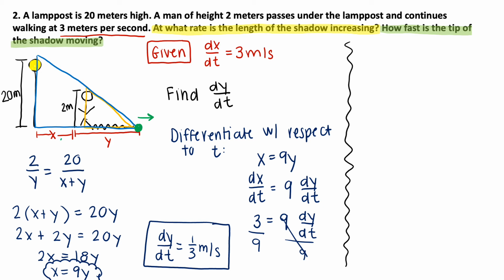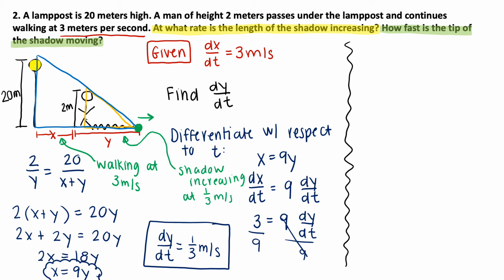The man is walking at what they gave us, 3 meters per second, and we know that his shadow is increasing at 1/3 meters per second.